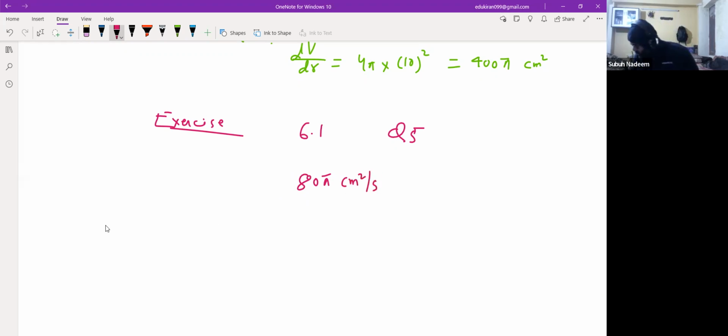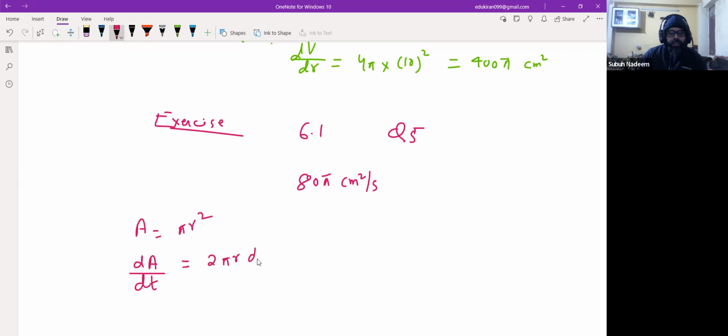As we know that it is a circle, so area is πr². Now if you differentiate it, dA with respect to time, it will be 2πr dr/dt. Because when r² is differentiated, you will get 2r, and when r is differentiated, you will get dr/dt.